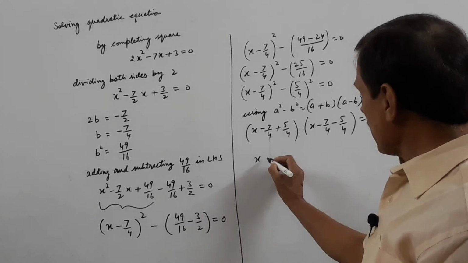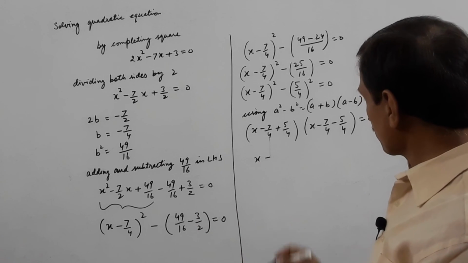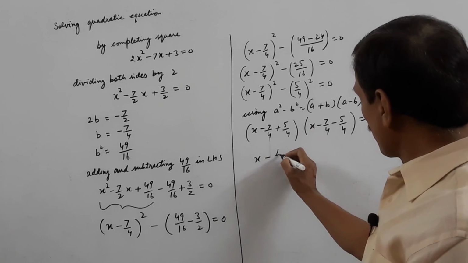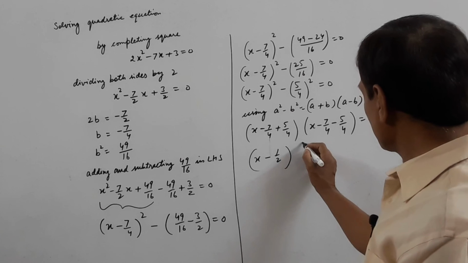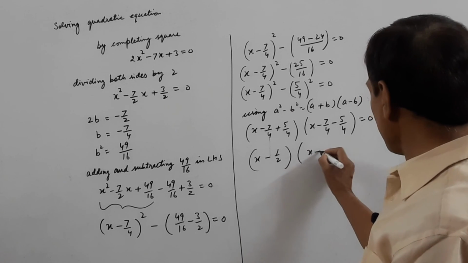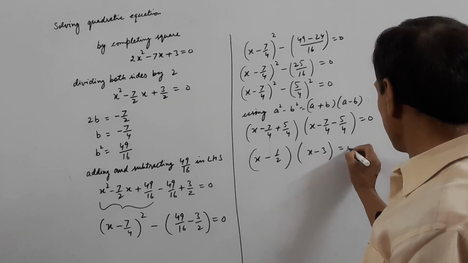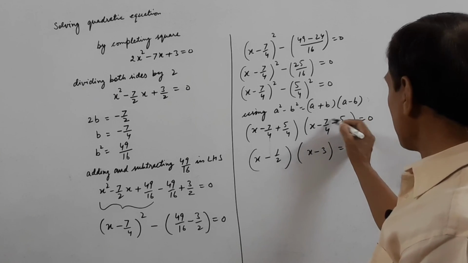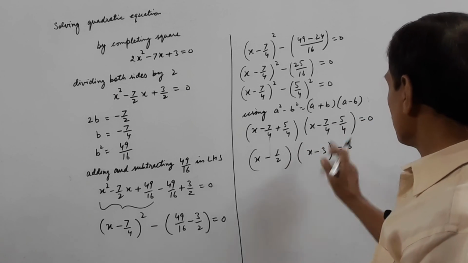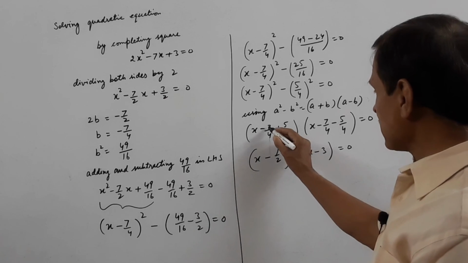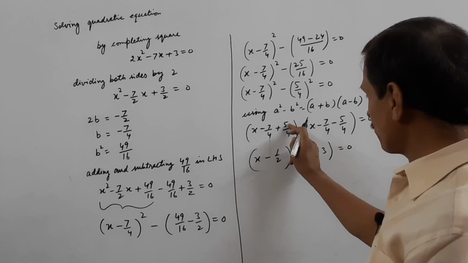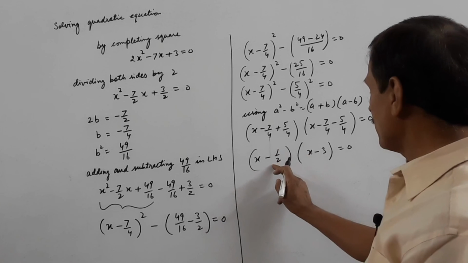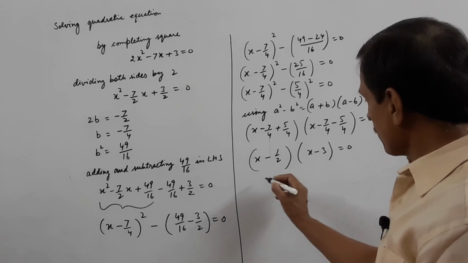This is x minus 1 upon 2 and this is x minus 3 is equal to 0. Minus 7 minus 5, minus 12 upon 4, that is minus 3. This is minus 7 plus 5, that is minus 2 upon 4 and that is minus 1 by 2.